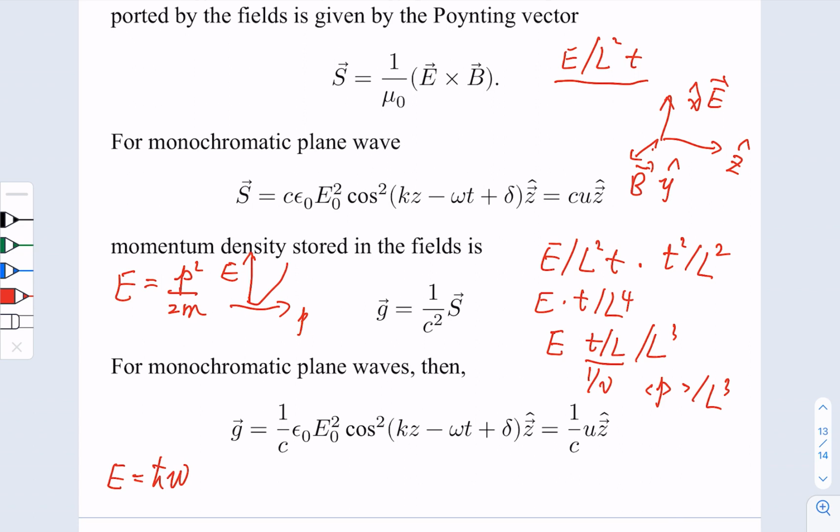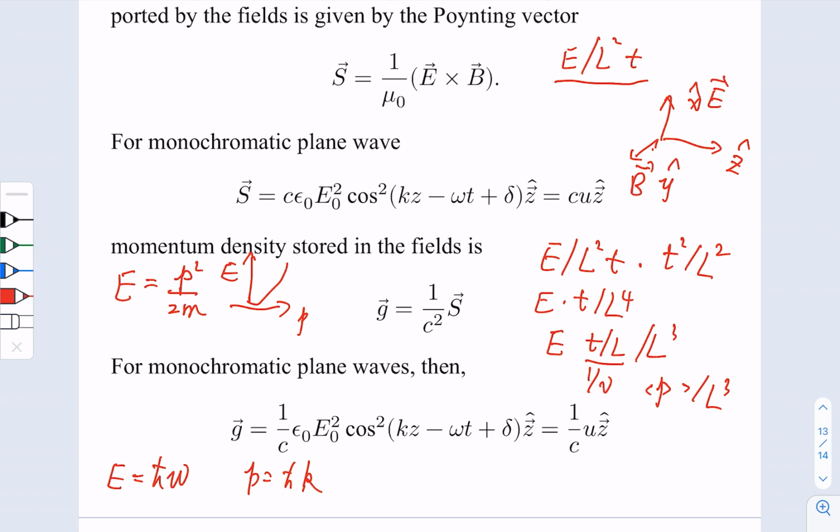Say that if you are kicked by a photon, then the energy transfer is h bar omega, and the momentum transfer is also linear in h bar omega. What's the momentum transfer? The p should be h bar k. Right? Is that correct?